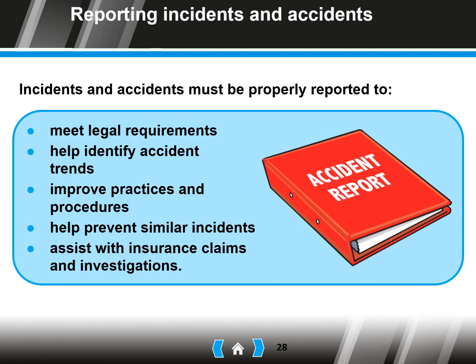Okay, so incidents and accidents must be properly reported to meet legal requirements, help to identify accident trends, improve practices and procedures, help prevent similar incidents, and assist with insurance claims and investigations.